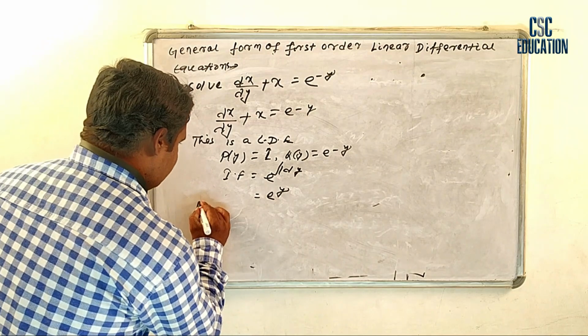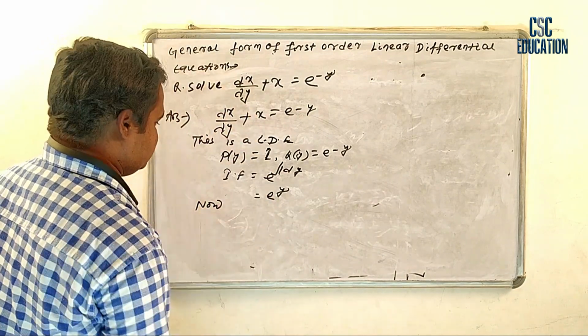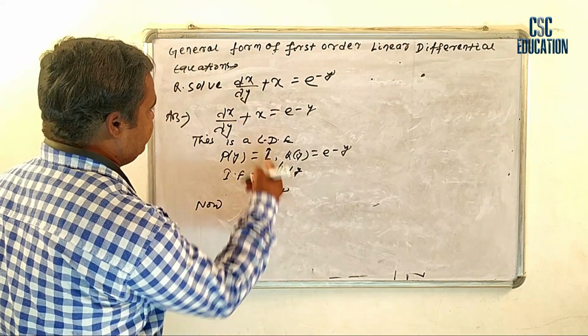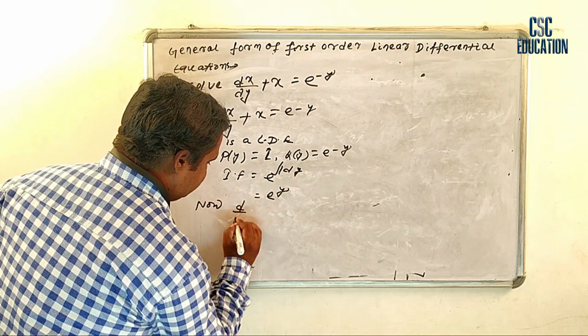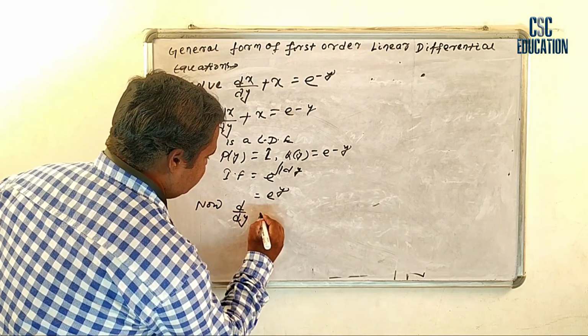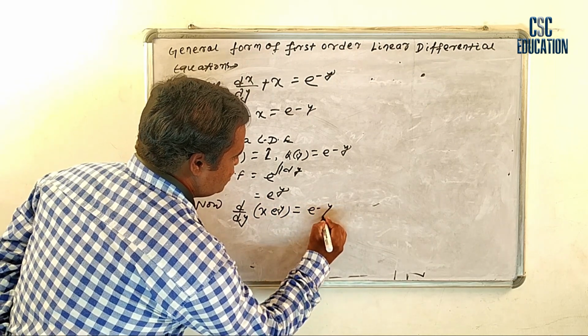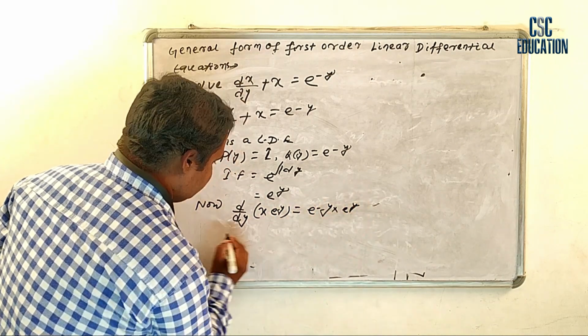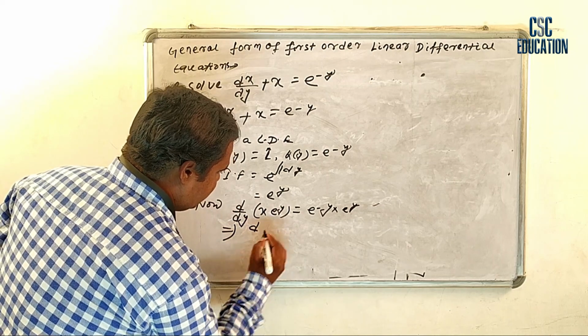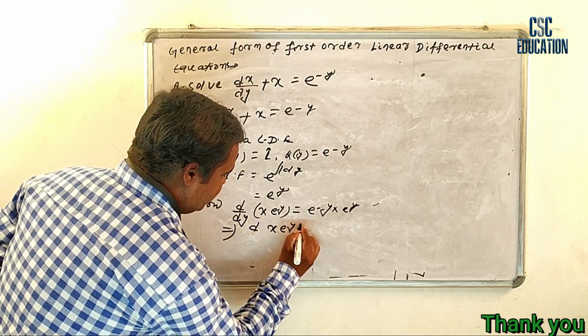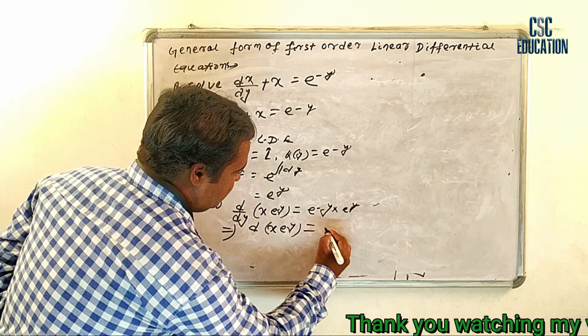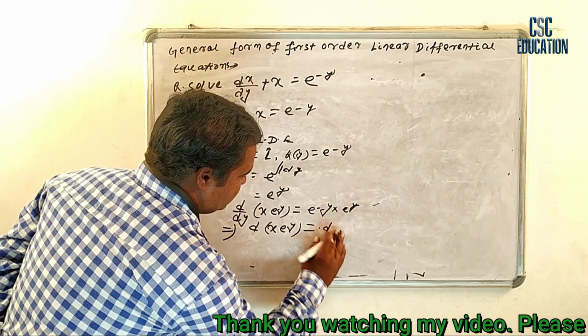Now to solve this, multiply the integrating factor into the given equation. So d by dy of x into e to the power y equals e to the power minus y into e to the power y, so d of x e to the power y equals 1 into dy.